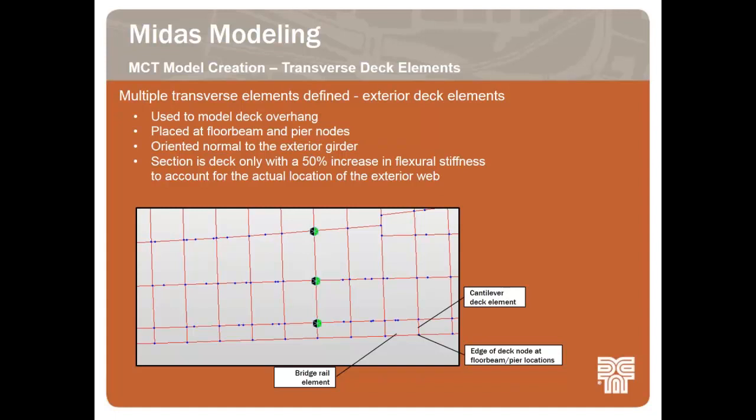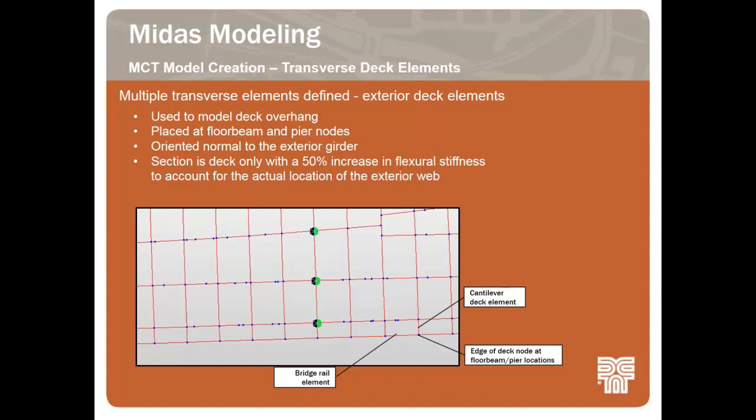The transverse elements defined for the exterior deck are similar to the interior, but were only deck-only elements and were used to model the deck overhang. One thing to note is since the girder line models are just beamline elements modeled about the centroid, the overhang distance of these exterior deck elements can be maybe 5 to 8 feet.